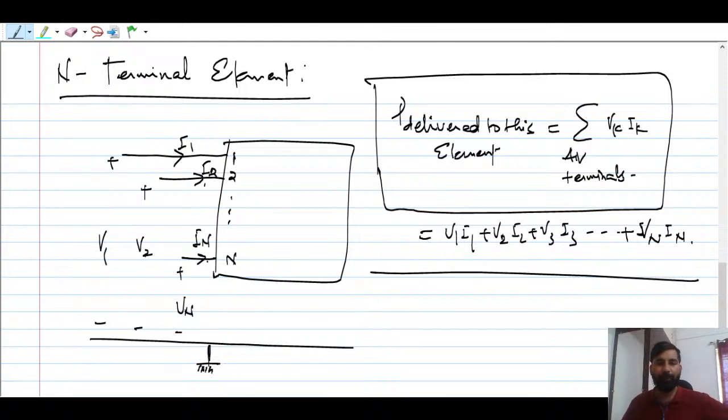This is very important, and don't forget to take the reference. This is one of the primary mistakes everyone makes. The reference is always important while solving the circuit. Whenever you are specifying the voltage, it should have some reference.